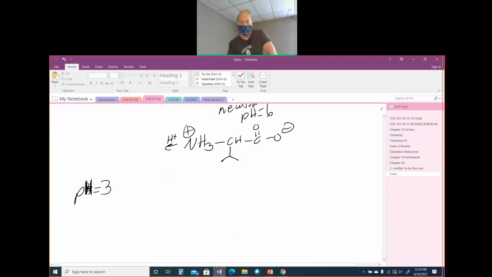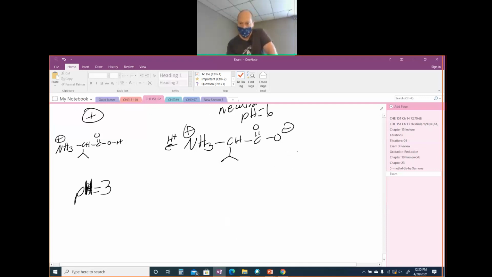And this acid is going to put the H back on the carboxylic acid. So the NH3 remains positive, but now our negative oxygen is going to be neutral, because we are going to put our H plus on the O minus. And so now the overall charge here is +1. So in acid, you're going to have a positive charge.